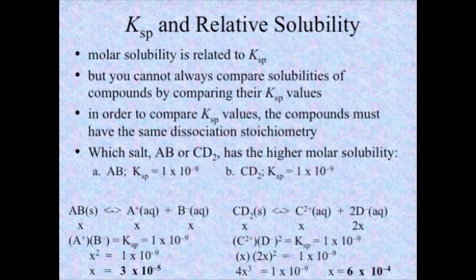CD2 we call the molar solubility X, and that breaks up into X of C plus and 2X of D minus, and therefore plugging these values into our mass action expression we get X times 2X squared equals 1 times 10 to the minus 9. Solving for X we get 6 times 10 to the minus 4. So the molar solubility of CD2 is in fact greater than the molar solubility of AB.